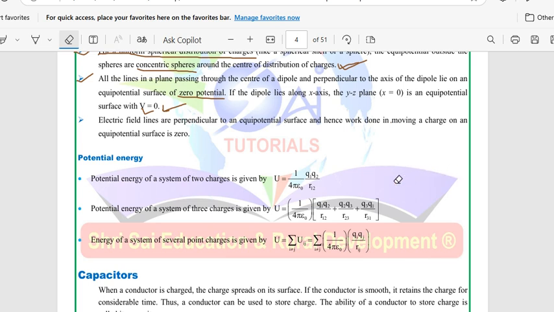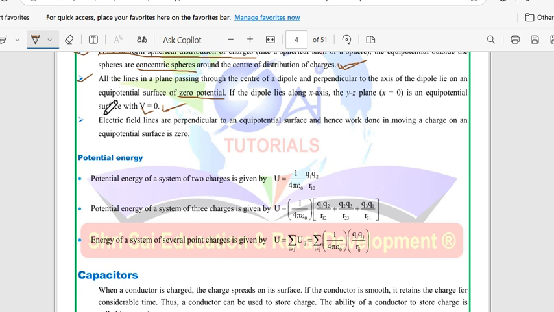Now, last but not the least, electric field lines are perpendicular to an equipotential surface, and hence the work done in moving a charge on an equipotential surface is 0.